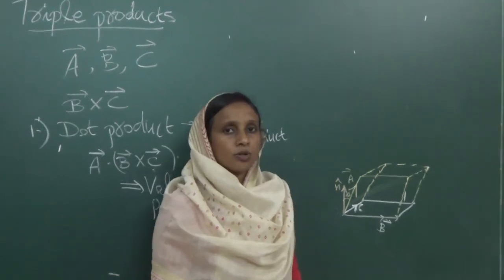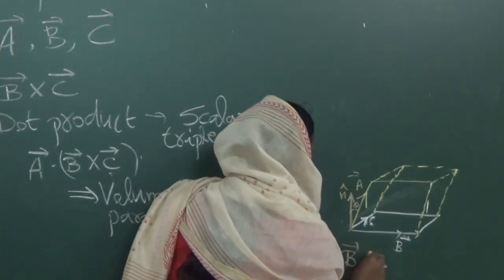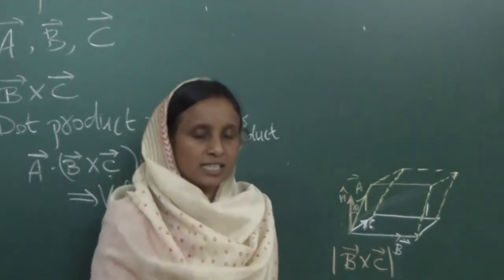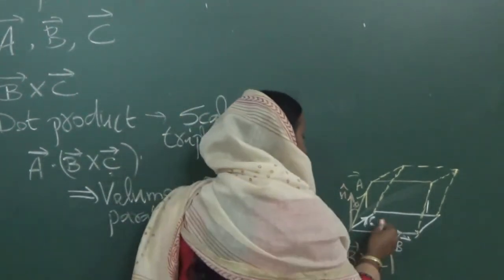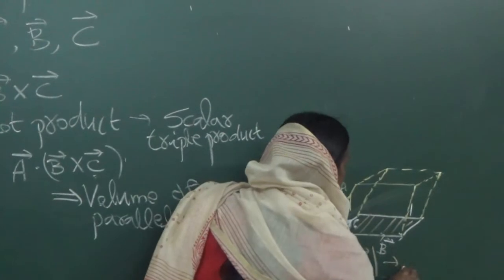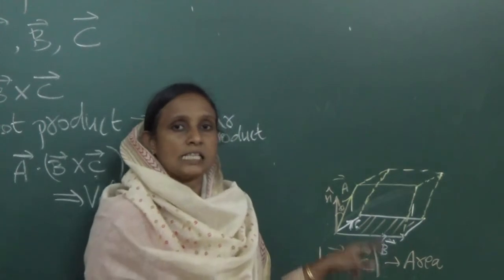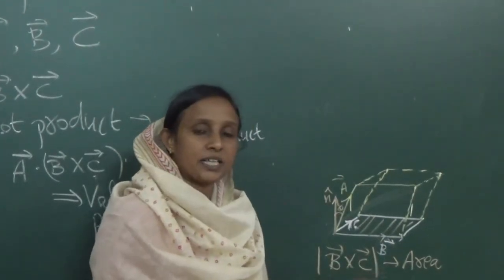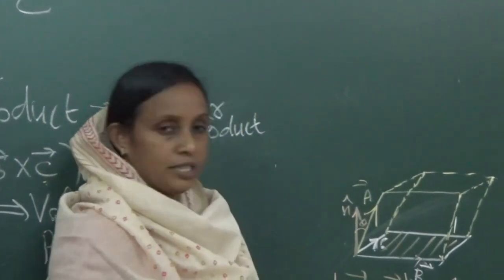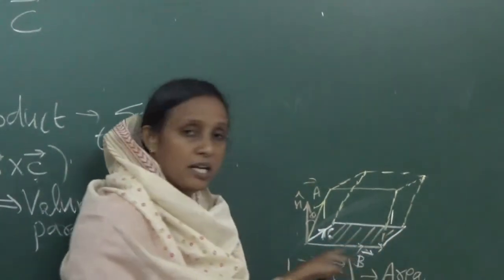The modulus of B cross C represents the area of this parallelogram spanned by vector B and vector C. Now, this vector B cross C is a vector, and its modulus is the area of the parallelogram.